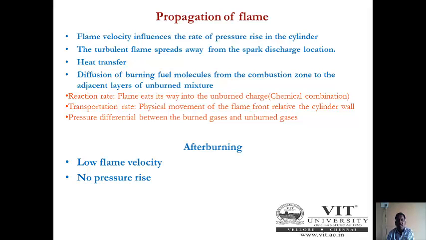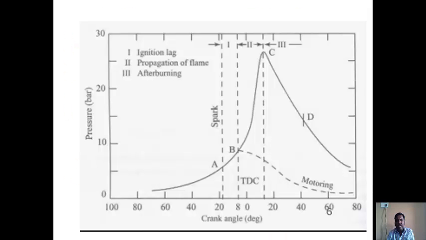And again, this heat transfer and diffusion happen due to the pressure difference between the burned gases and the unburned gases. The third stage of the combustion process is afterburning. This stage starts from point C during the expansion stroke.